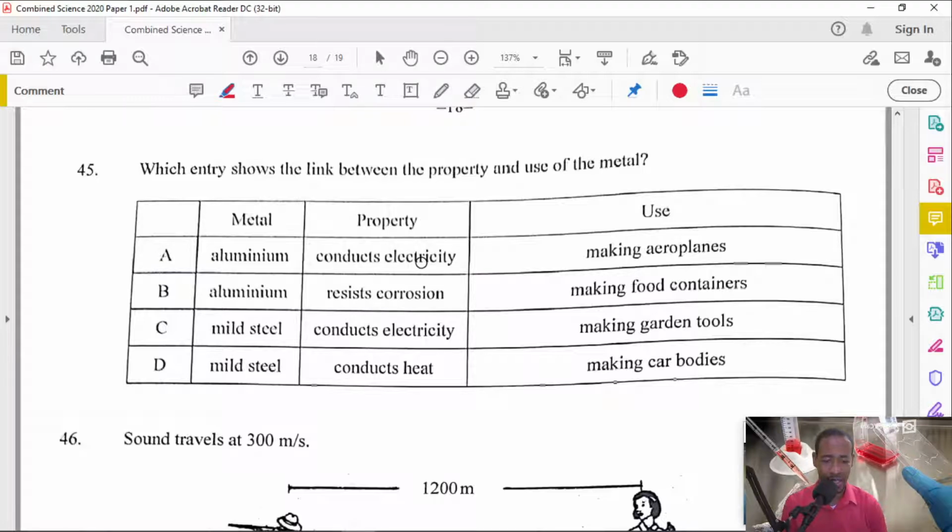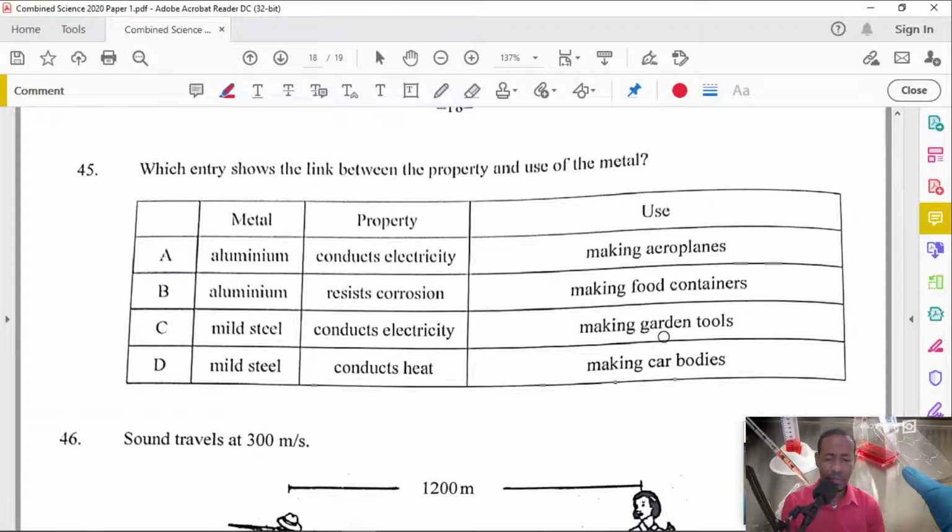But of course, parts of aluminum can be used in airplanes because of the lightness and so on. So that's not that bad. Now look at B. Aluminum resists corrosion and is used for making food containers, so that's pots and so on. Definitely aluminum could be used to do that. But let's go down a little bit more. Mild steel conducts electricity, definitely conducts electricity.